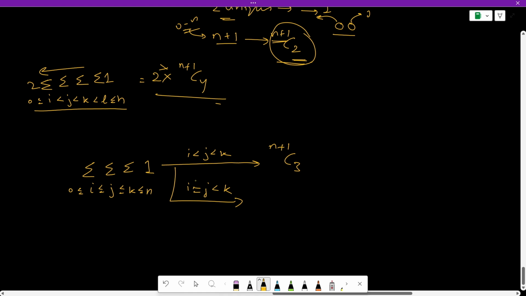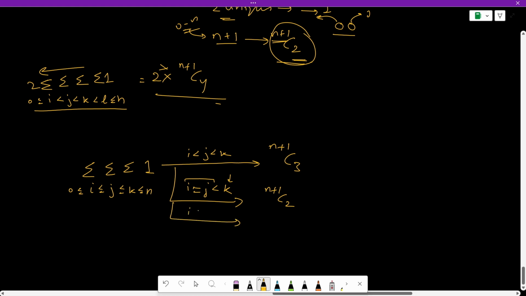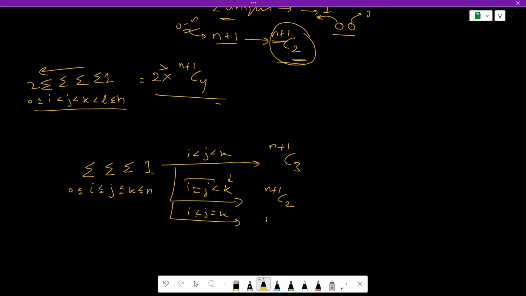Here we will choose 2 numbers and assign the smaller one to i and j, and the other one to k. So it is n plus 1 C 2. Then i less than j and j equal to k. Again the same, we have to do n plus 1 C 2.